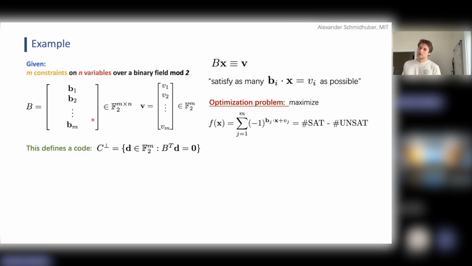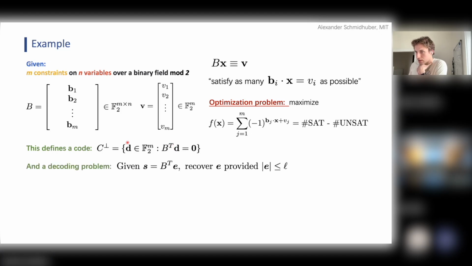The first observation is that this matrix B also defines a code, namely the code whose parity check matrix is given by the transpose of B. A code is just some vector span, a linear subset, and in particular you can write it as the kernel of some matrix. In this code, there's a natural definition of a decoding problem, which is the bounded distance syndrome decoding problem, which means you have some error E, and you don't know what the error E is.